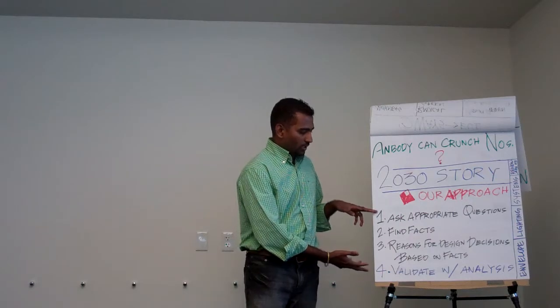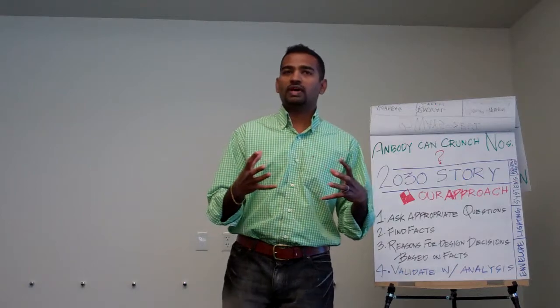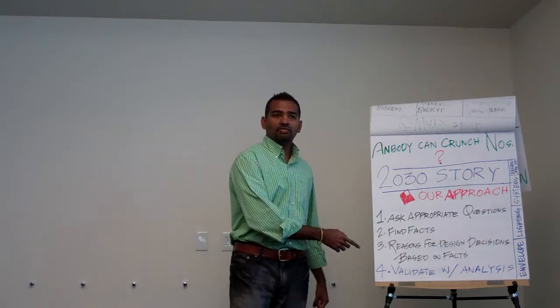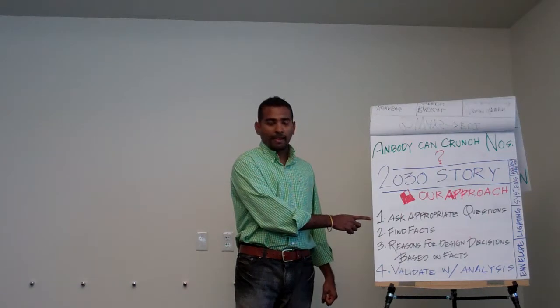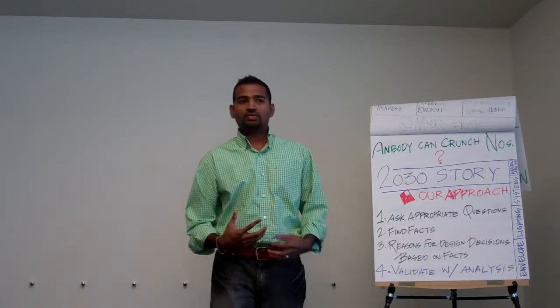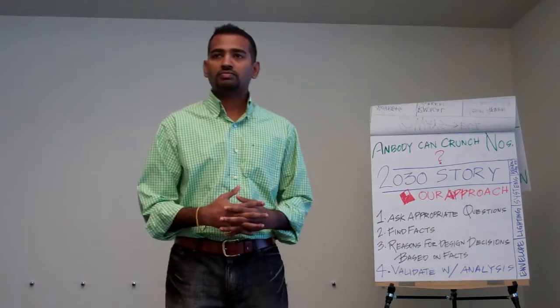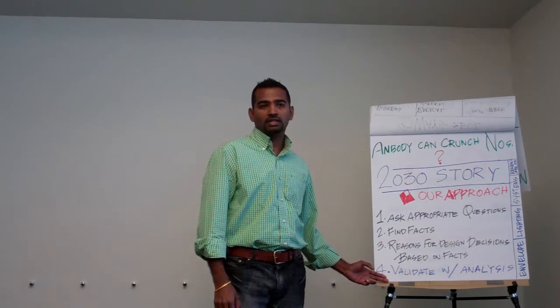For any story, unlike other stories, our story depends on facts. So it is important to find facts. It's important to first ask the right questions, and then find facts, and then use the facts for design decisions. And then finally, validate a few of those design decisions with analysis.